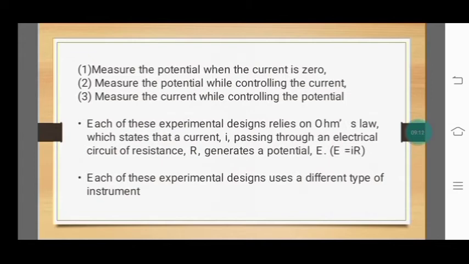Each of these experimental designs relies on Ohm's law, which states that a current I passing through an electrical circuit of resistance R generates a potential E. So E equals IR. Each of these experimental designs uses a different type of instrument.